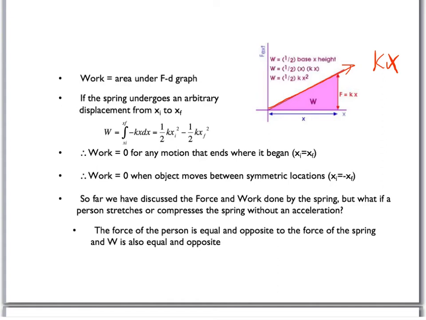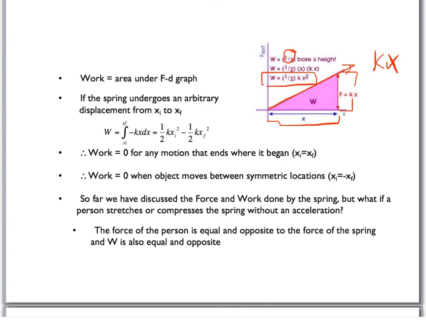The area underneath this graph would be a triangle, which would be half of the base. The base is delta x, multiplied by the height. The height is our kx. So 1/2 x times kx would give you 1/2 kx squared.